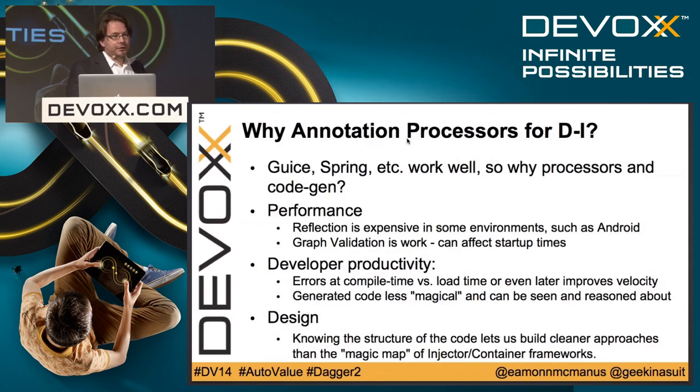So why did we bother to go down this road? There were a few reasons. On the Square side, I believe a lot of it was the performance of Guice on Android, because reflection is very expensive in Dalvik. From the Google side, we came to it because we wanted to simplify the APIs.